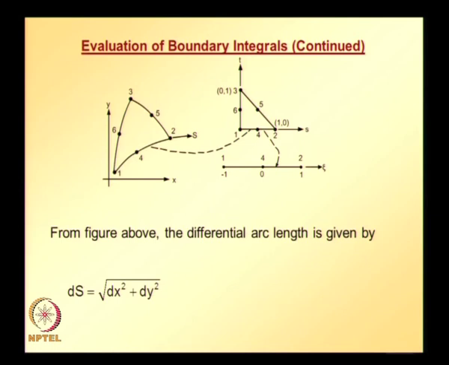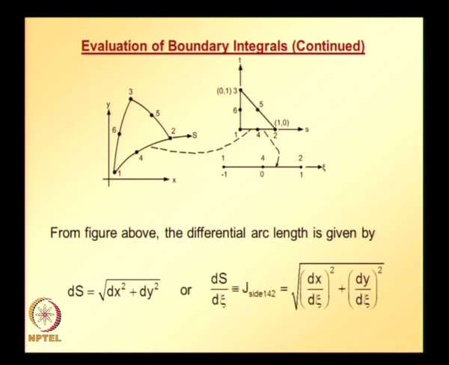The differential arc length on the physical element is given by dS is equal to square root of dx squared plus dy squared, and dividing on both sides by d psi we get the second equation, in which we can substitute the derivative of x with respect to psi and the derivative of y with respect to psi.